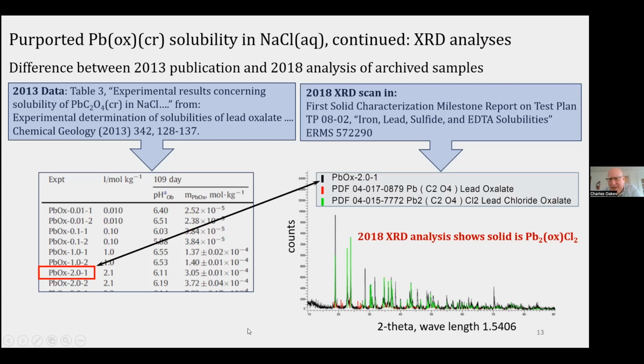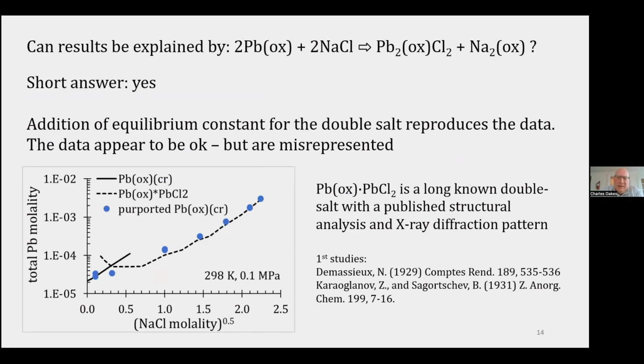And sure enough, I just pasted one XRD scan here, but all of the other XRD scans are the same way. For those high sodium chloride molality, they all show up as lead oxalate chloride rather than lead oxalate. So if you throw in a solubility constant for lead oxalate chloride, this is what you get.